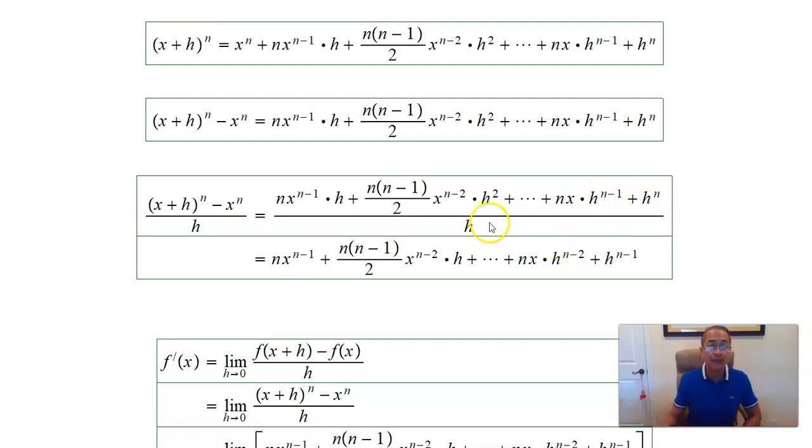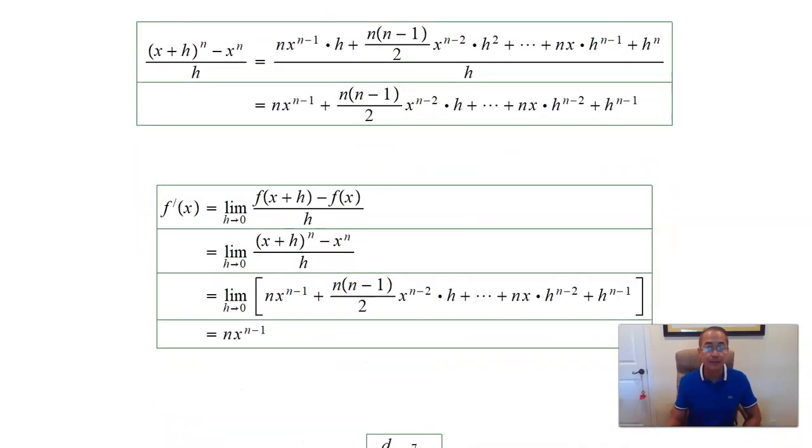So when we divide each and every term by h, that times h completely disappears, the h squared becomes only h, and the powers of h go down by 1, okay? So the penultimate term will have h to the n minus 2. The last term will have h to the power n minus 1.